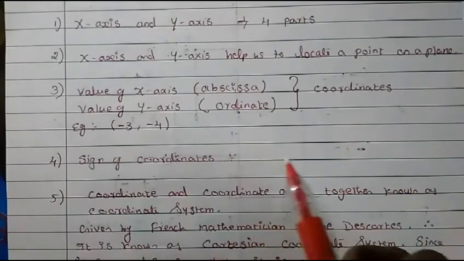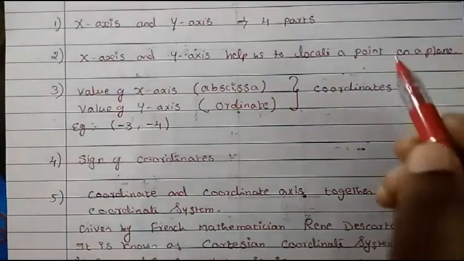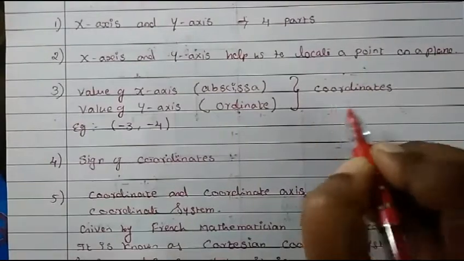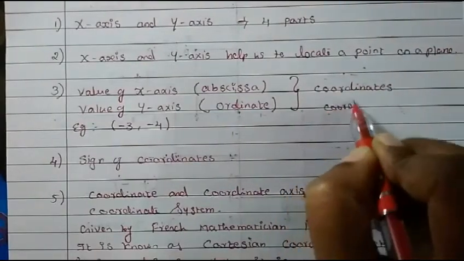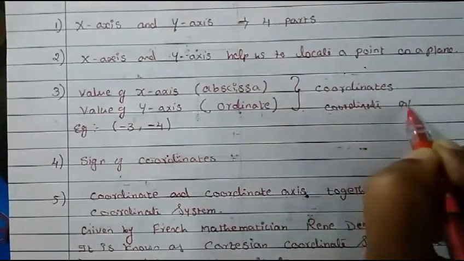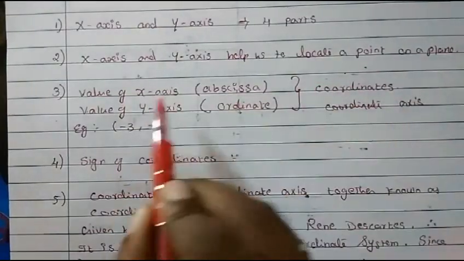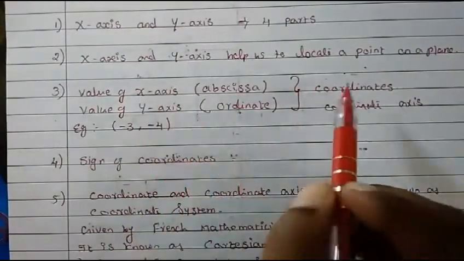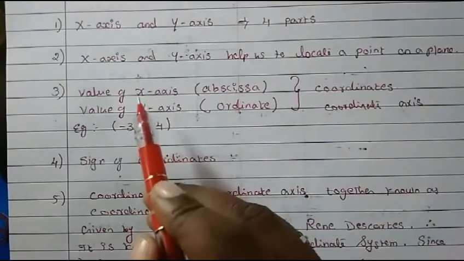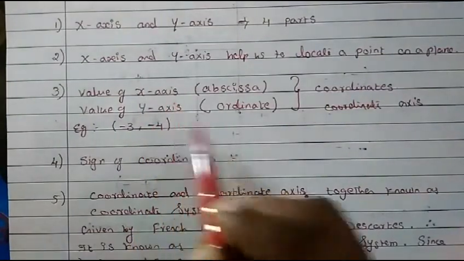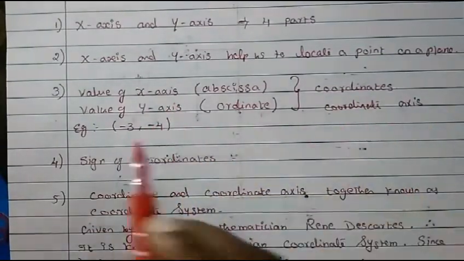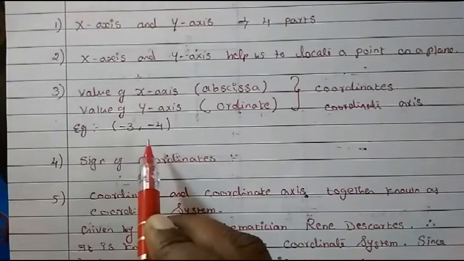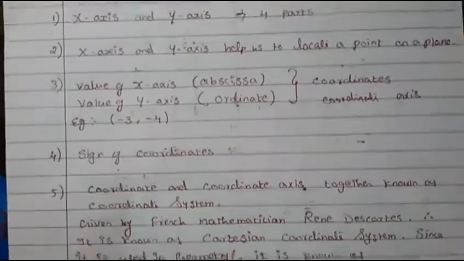The x-axis and y-axis together we call the coordinate axes. So the value of x and value of y are known as the coordinates, and the x-axis and y-axis, the reference that we are taking, are known as the coordinate axes. And we saw an example of how we could locate a point.